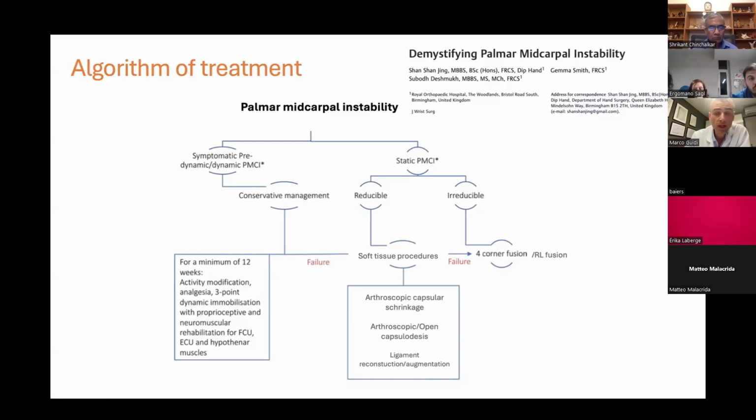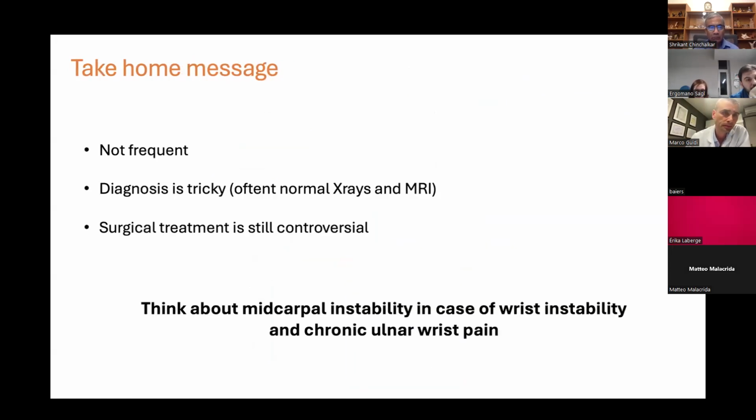We can do as well, if the surgeon wants, some ligament reconstruction. And in case of failure, we have another solution, the fusion of the wrist, the palmar fusion, that can bring, of course, some relief to the catch-up clunk.